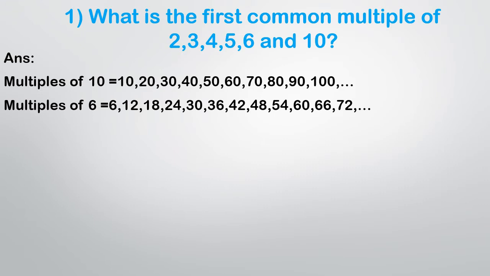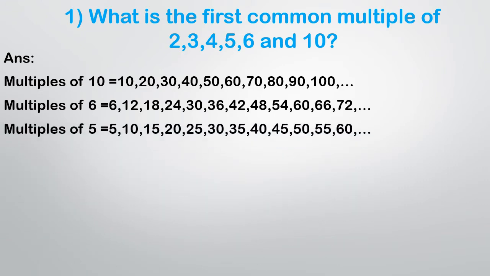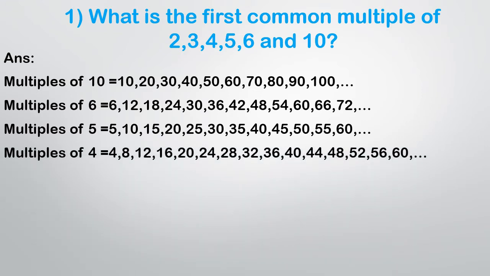Then the multiples of 5. 5 table. 5 ones are 5, 5 twos are 10, 5 threes are 15, 5 fours are 20, then 25, 30, 35, 40, 45, 50, 55, 60, etc. Then the multiples of 4.